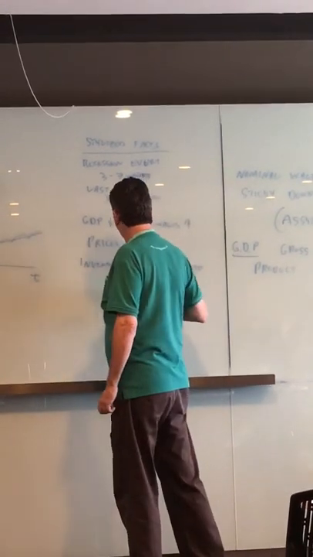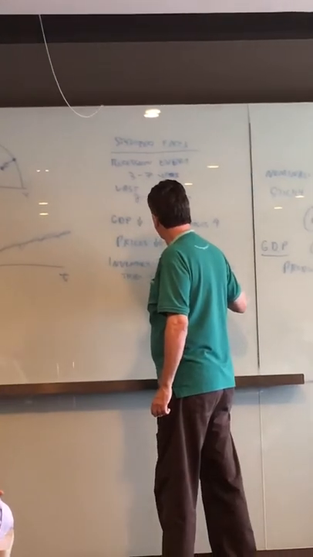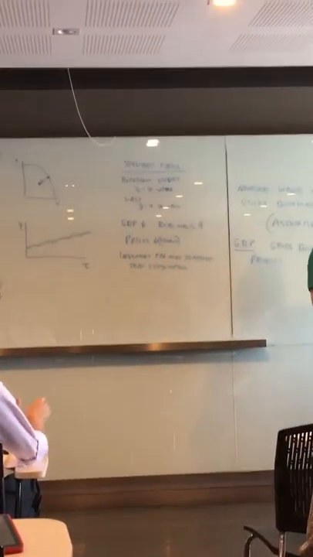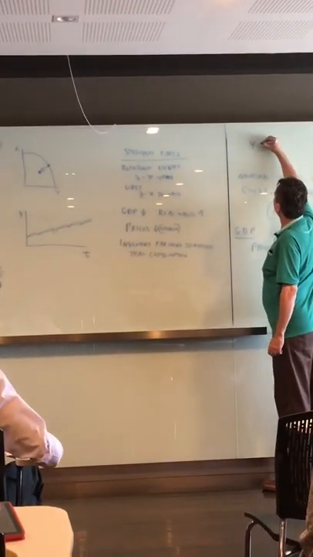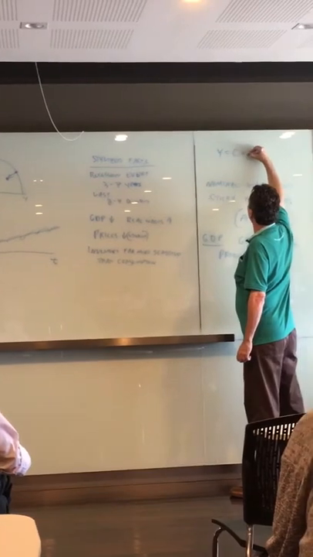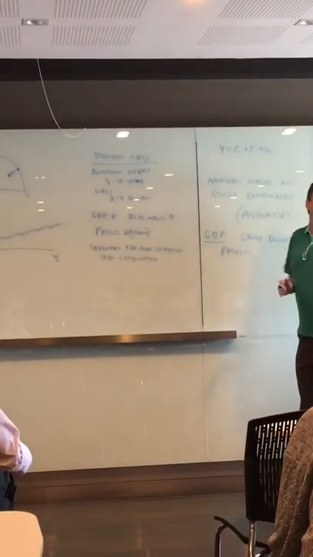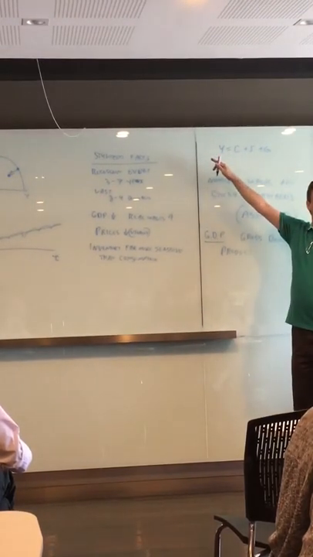Inventory is far more sensitive than consumption. In other words, Y equals C plus I plus G, and we're ignoring the rest of the world. Remember this equation from last class?